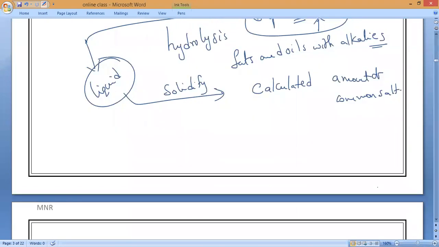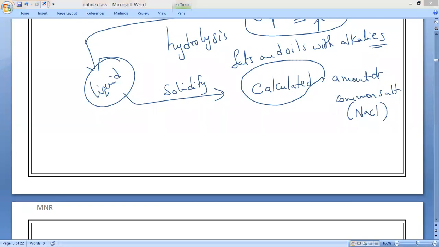Now, sir, why a calculated amount of common salt? You might have noticed many of you use different soaps. Some people use Mysore Sandal, some use Santoor, some use others; hundreds of different types of soaps are there. Some soaps, like Mysore Sandal, dissolve very fast. Have you noticed?